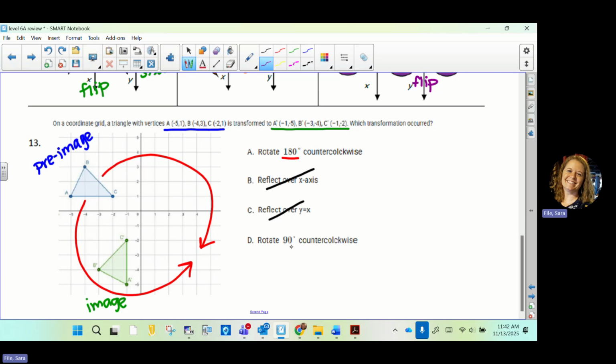Okay, 90 degrees clockwise, or excuse me, counterclockwise. The clock goes this way, tick, tick, tick, so counterclockwise is going this way. 90 degrees would be a quarter of a circle, and that's where it would put me. Does that make sense? So that's the one that gets me to the green triangle from the blue one.